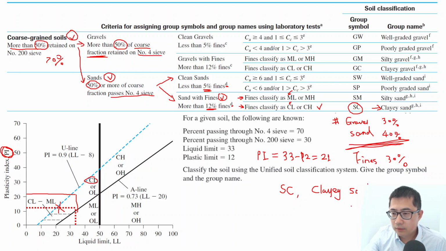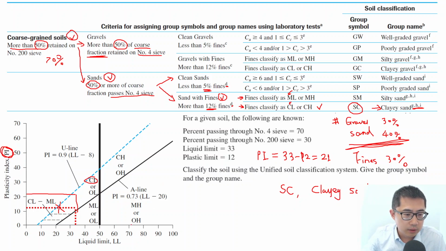But I don't think we're done yet, because there are still three superscripts that we need to check. The superscripts are G, H, and I. So let's take a quick look at them just to make sure we don't miss anything for the group name.